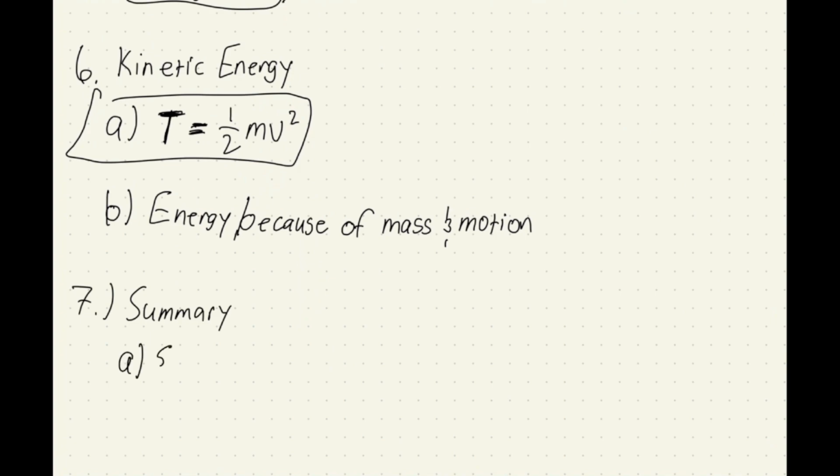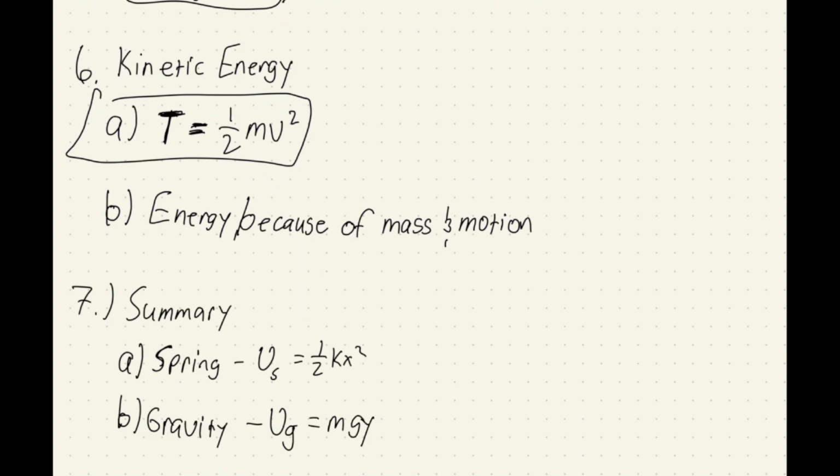We have spring potential. That is U sub S is equal to 1/2 kx squared. We have gravity potential, which is U sub lowercase g is mgy, or mgh if some people like that, and mass times gravity times height above the ground. And the last one that we have is our kinetic energy.